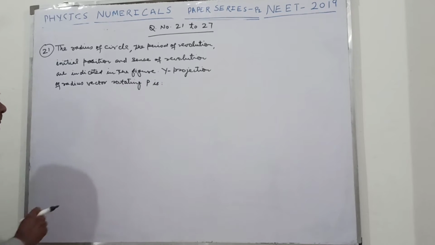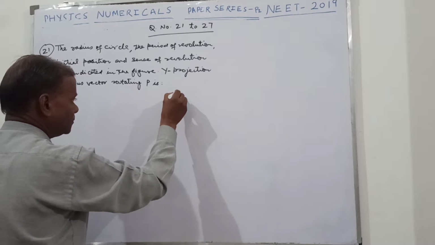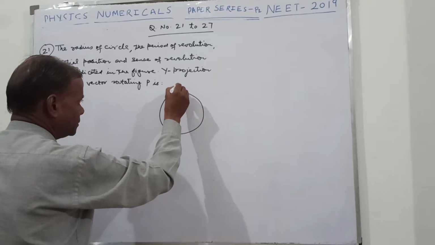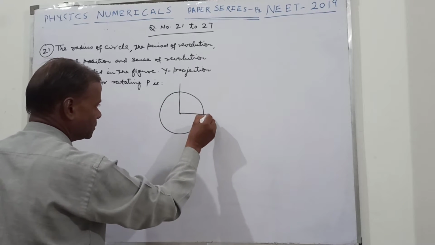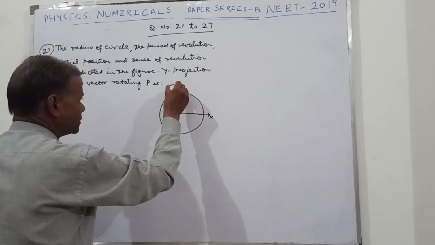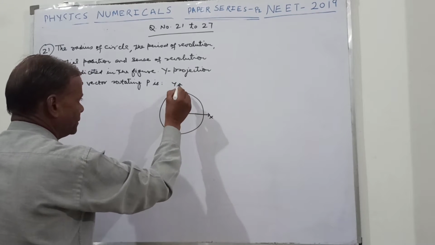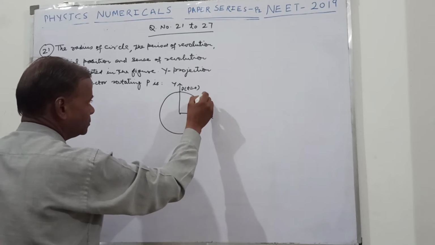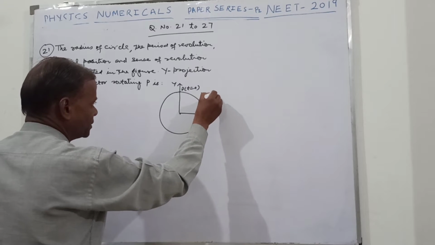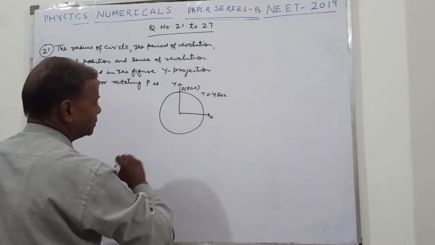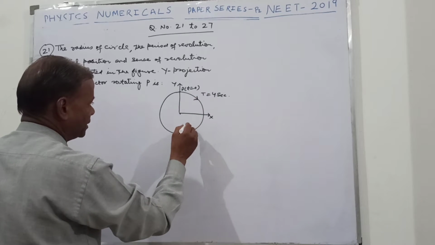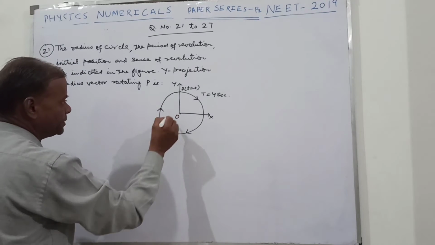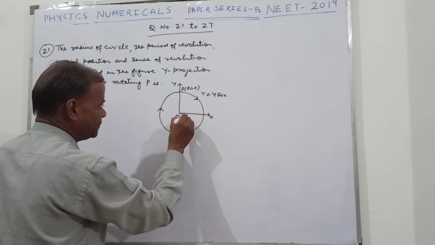Now the options. Here the figure is given like this. This is X, this is Y, this is your P at T equal to 0, here T equal to 4 seconds, and the particle is rotating like this. This is the center, the radius is 3 meters.